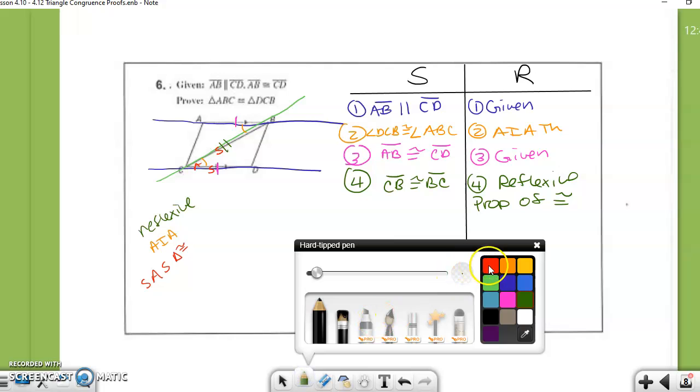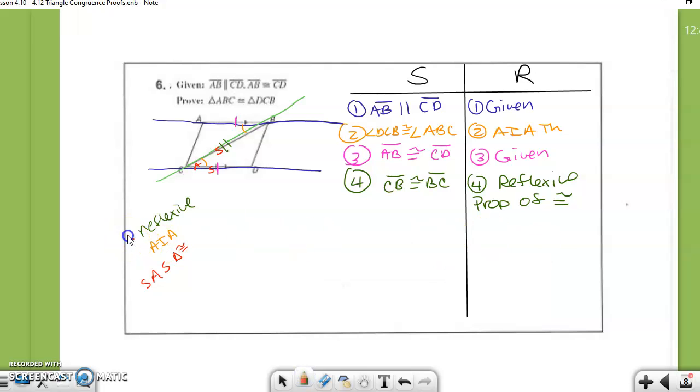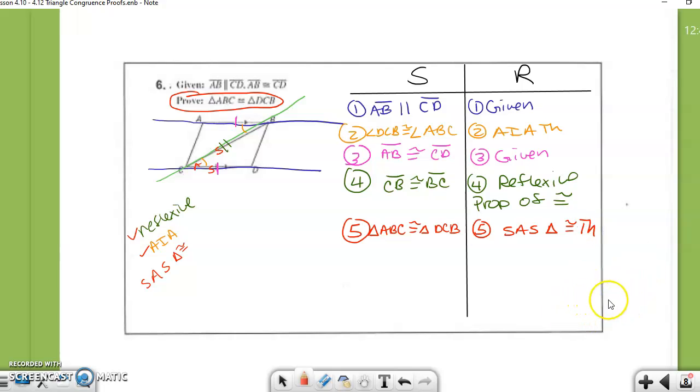Once I did all of that, I've used all my given, I'm ready to state: triangle ABC is congruent to triangle DCB. I'm writing it just as my statement here says to prove. It's my last statement, and the reason is my side, angle, side, triangle congruency theorem. If you need to digest that, pause it, look through it some more, and come back and we'll look at the next example.